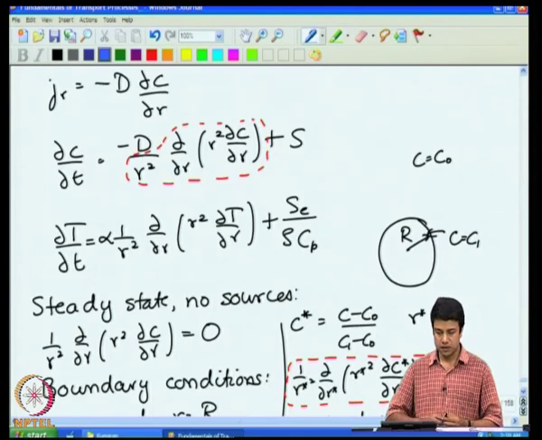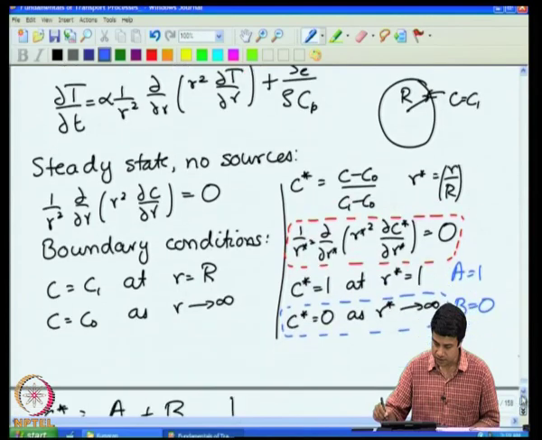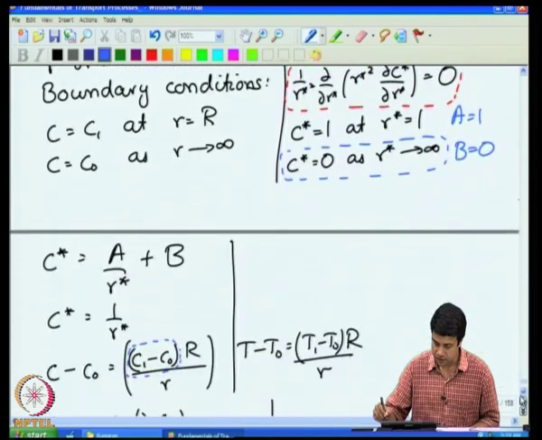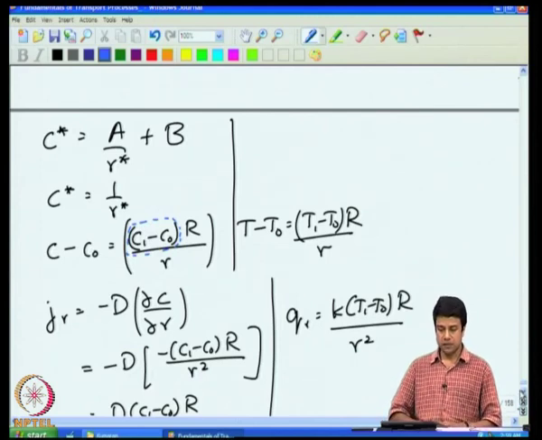We solved the simplest problem, steady state, no sources or sinks, and in that case we got a solution where the temperature or the concentration goes as 1 over r. It is equal to C1 minus C naught times capital R by small r, where C1 is the concentration at the surface and C naught is the concentration far away.